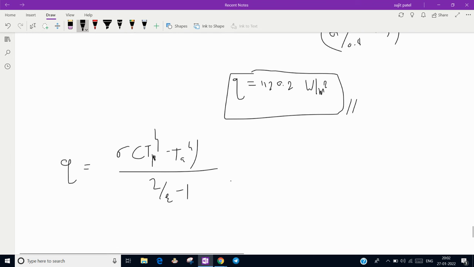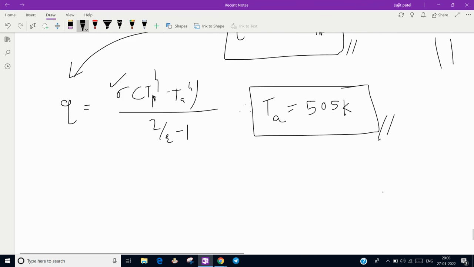Because the emissivity of both plates is the same, we can consider it as a two infinite plate case and put the value of Q over here. Sigma we know, T1 is 555, epsilon is also known. When you put this in, you will get Ta, the temperature of the first radiation shield, as 505 Kelvin.